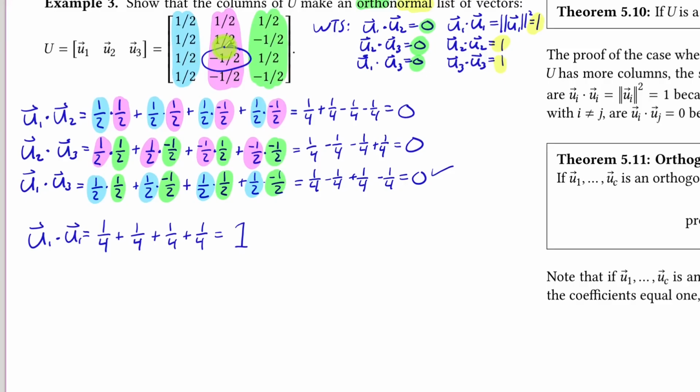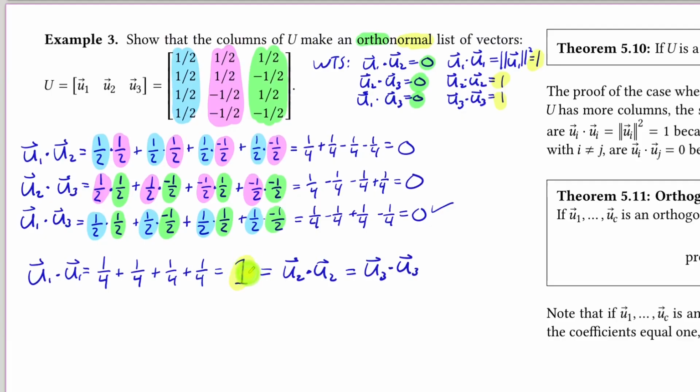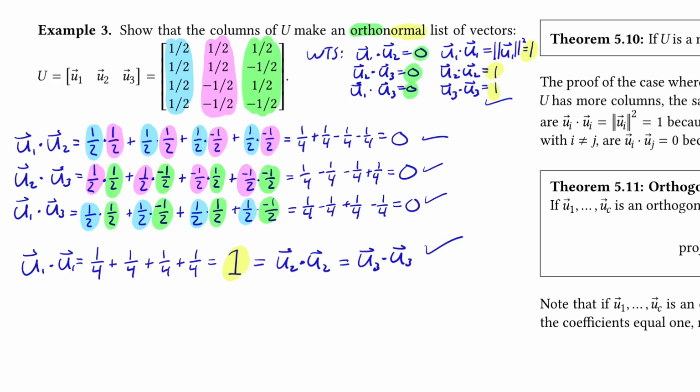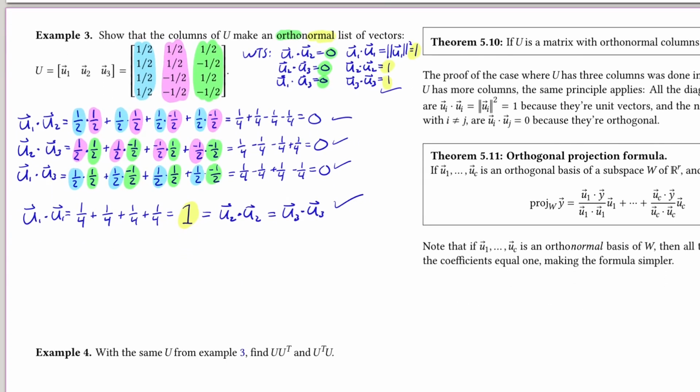It's just that you have something negative, and when you square it, like negative 1/2 times negative 1/2, it still becomes positive 1/4. So that's also what you get when you do u2 dot u2 and u3 dot u3. So they are all length 1. Cool, so we have an orthonormal list of vectors.